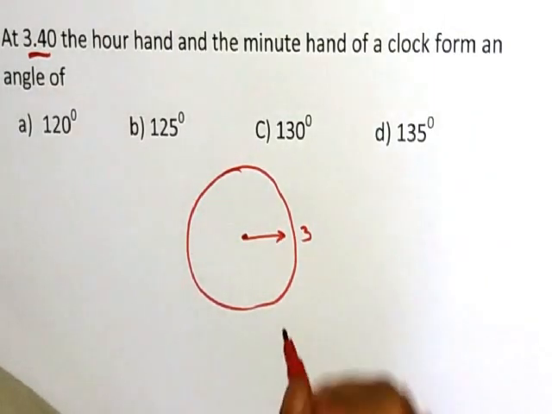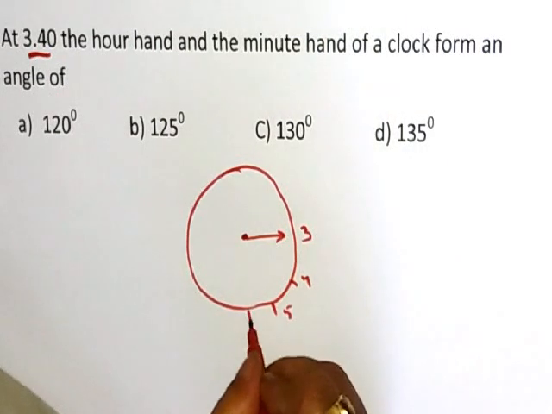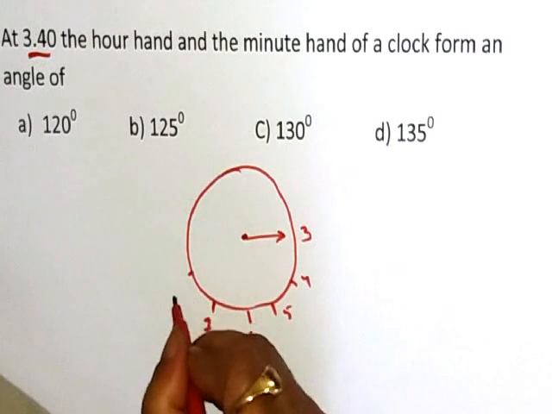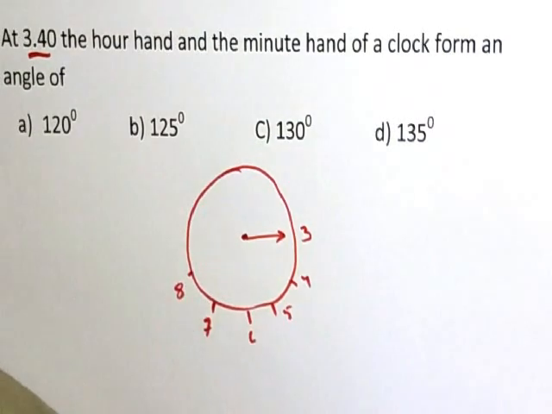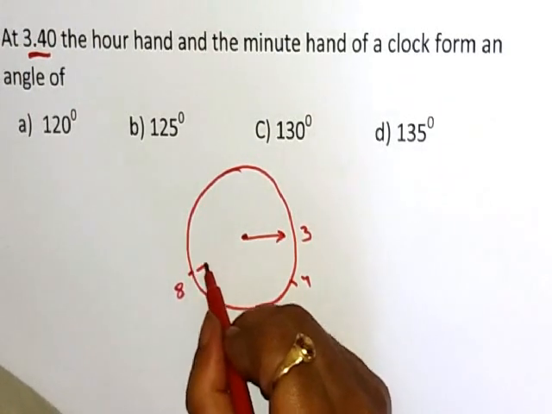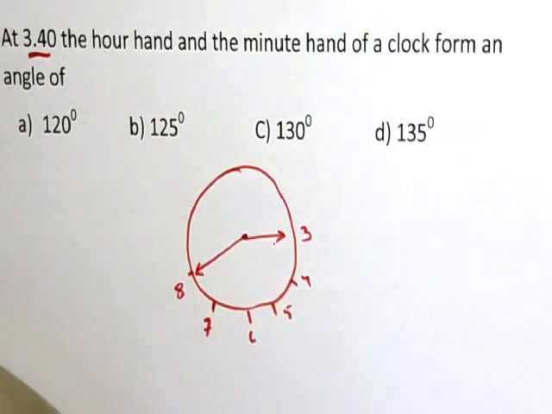And 40 minutes means naturally it will be 4, 5, 6, 7 and 8. They are telling about 40 minutes past 3. That means the minute needle will be here, the hour needle will be here.